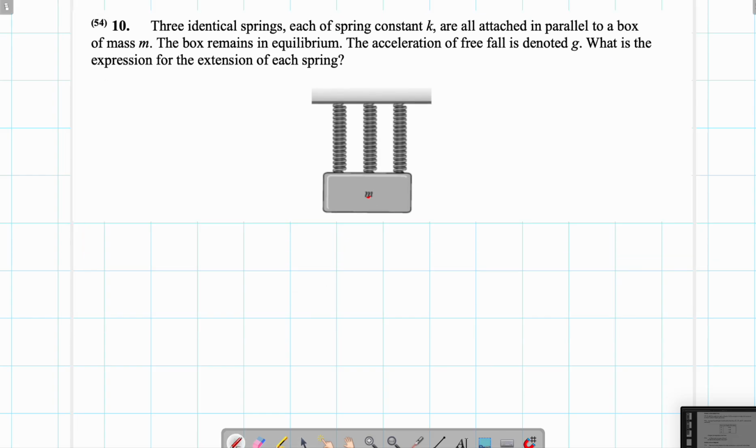Let's draw the free body diagram. We have the weight, which is mg, and tension. Not one tension, there are three tensions because there are three springs. T is equal to Kx.